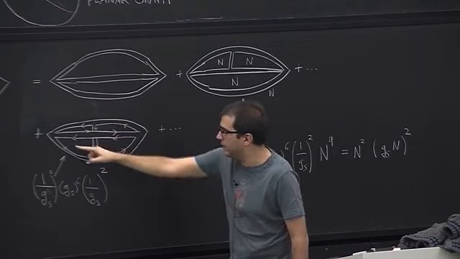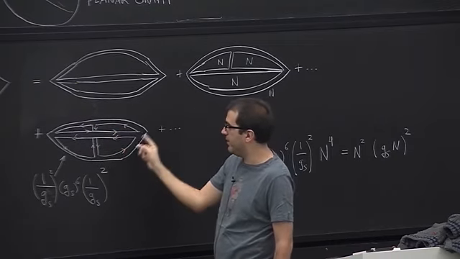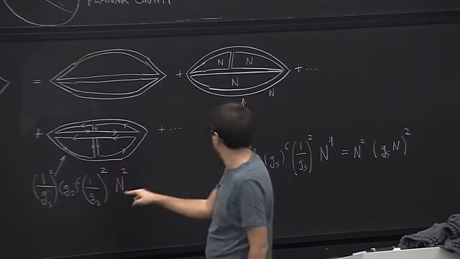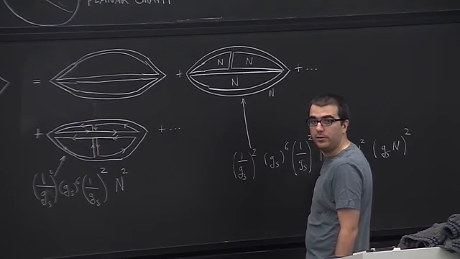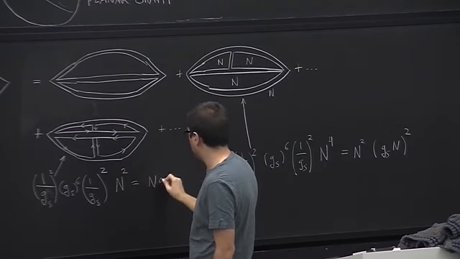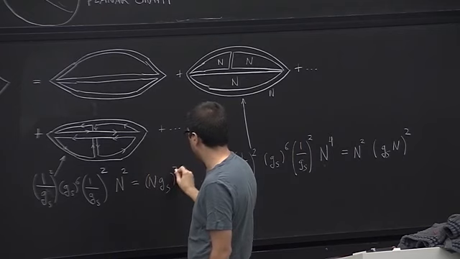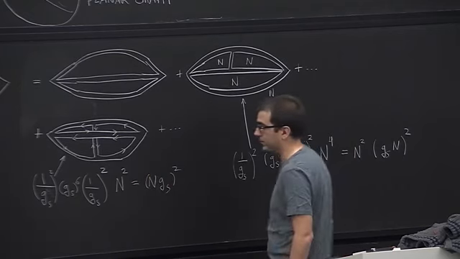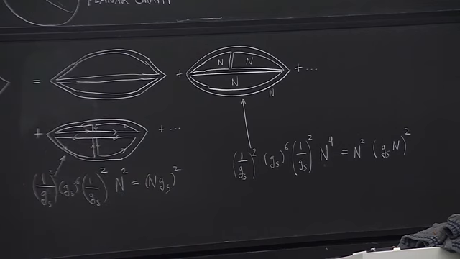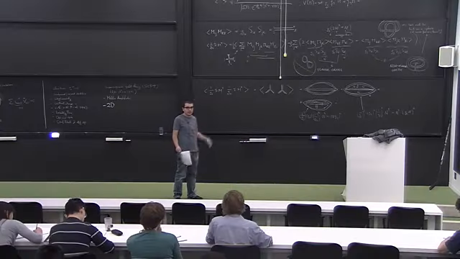So all this internal line here just counts 1 power of n and 1 other for the external. So the difference is that we only get n squared instead of n to the 4. So the only difference is that now this diagram gives n times G string squared, but without any n squared multiplying it. So this matches our expectation that non-planar graphs, like this one, are less important than planar graphs.